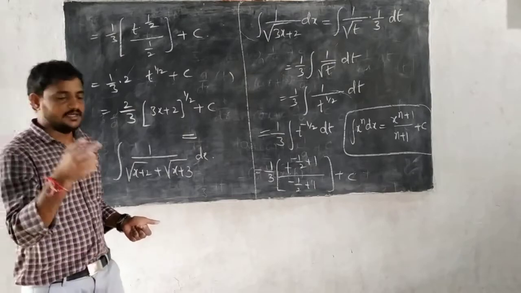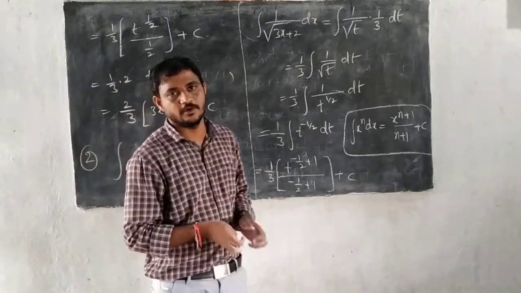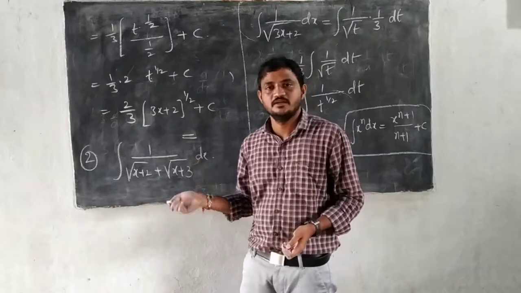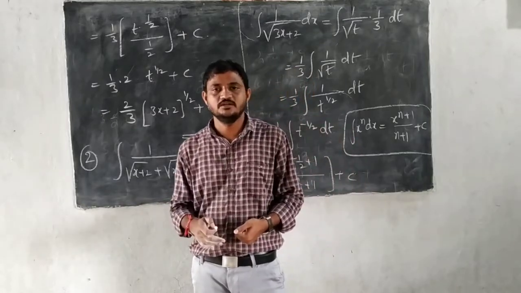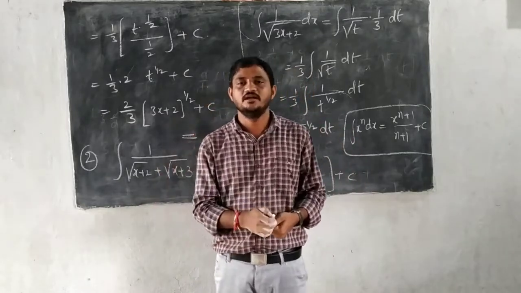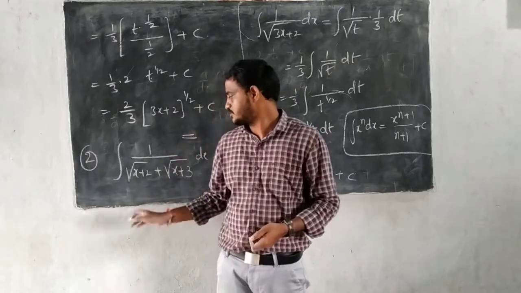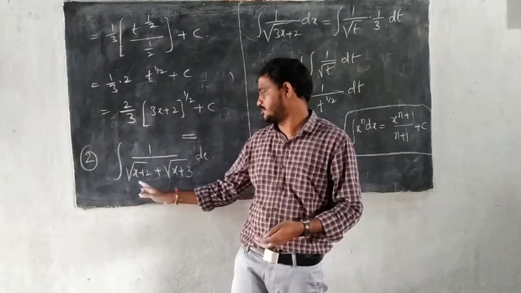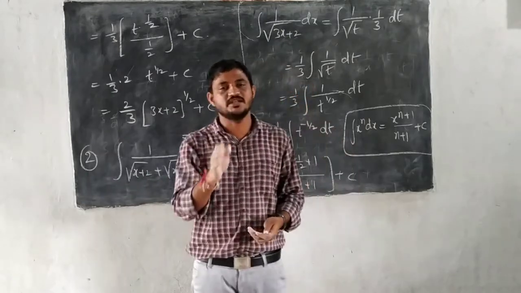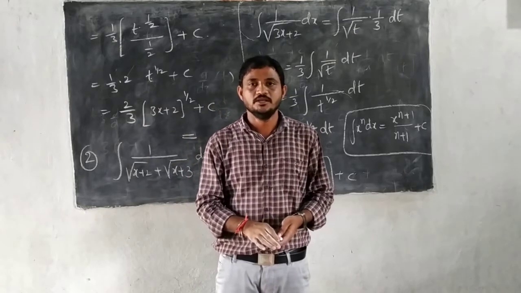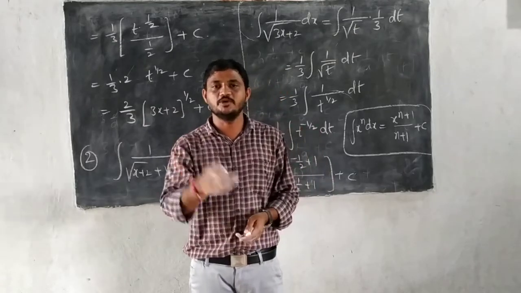So I will tell you the process, you have to solve the problem. First, rationalize this function. You will get one new function. Then use the method of substitution. Then you will get x plus 2 or x plus 6 or something; consider that function as t. Then use the substitution method. Okay. In the next session, we will discuss some more problems.